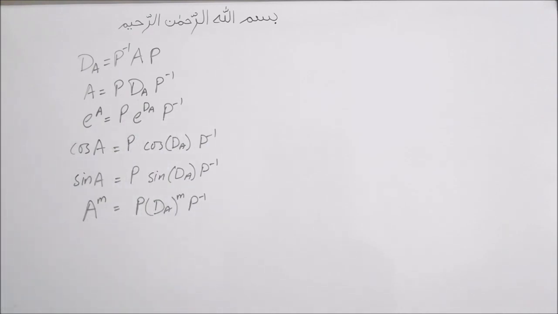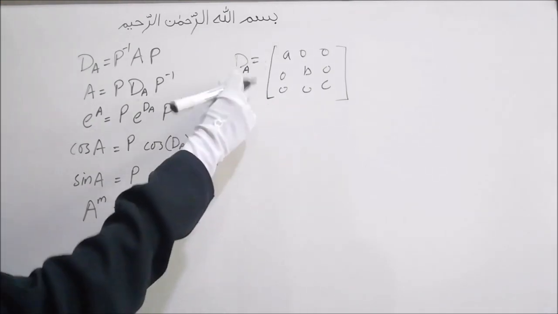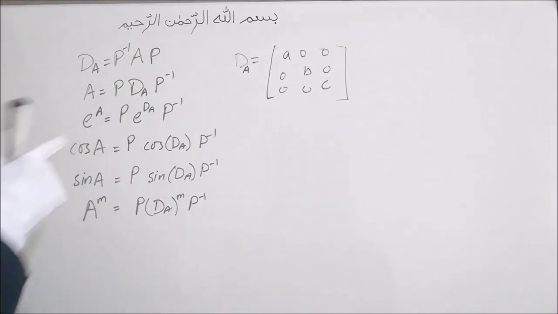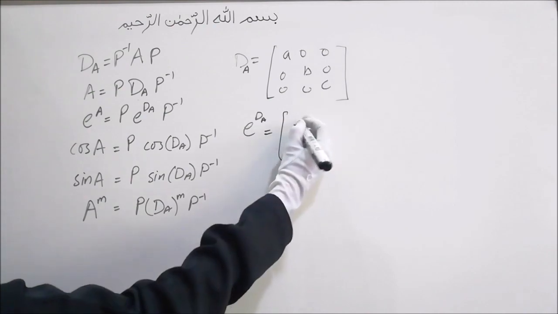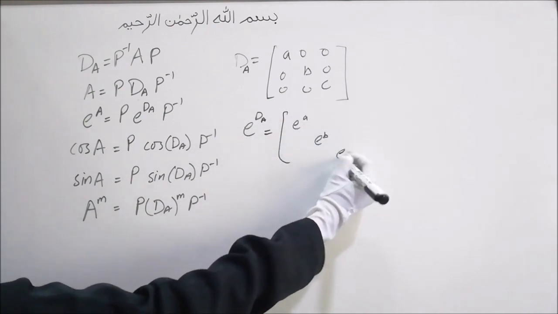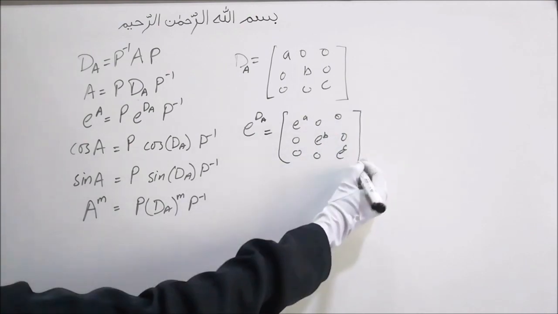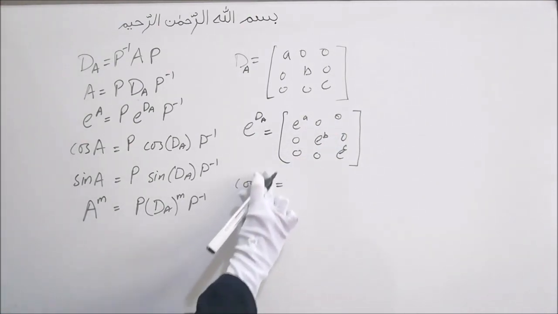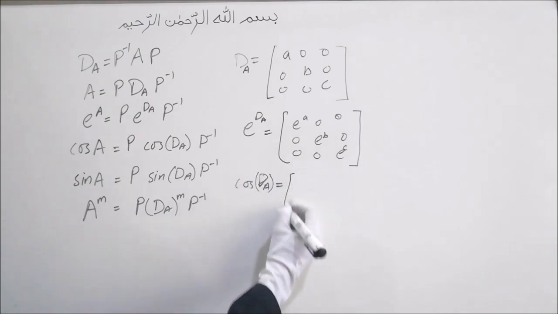No, it is not. It is very easy. If our matrix dA is such that it is a diagonal matrix with entries A, B, C and all the other elements equal to 0, then e raised to dA will be e raised to A, e raised to B, e raised to C, and 0 everywhere else. Cos dA will be cos A, cos B, cos C on the diagonal.